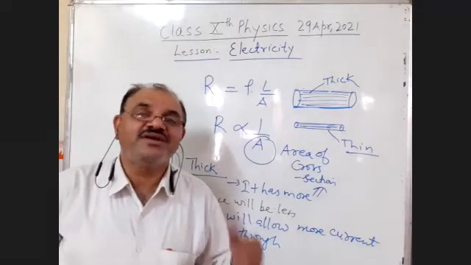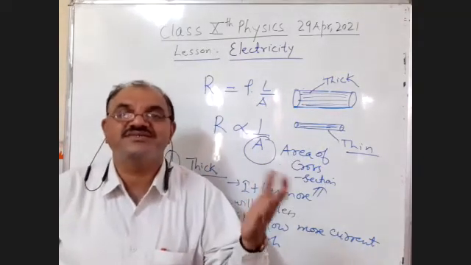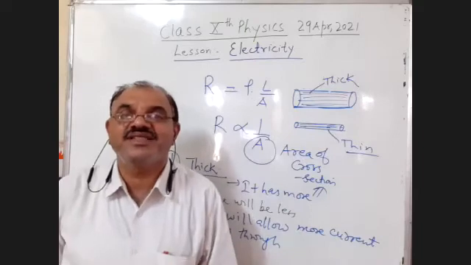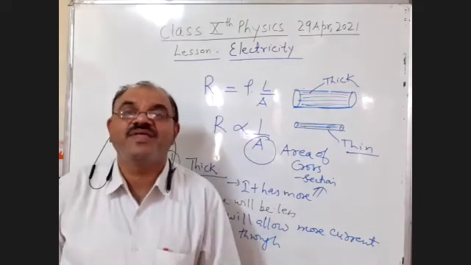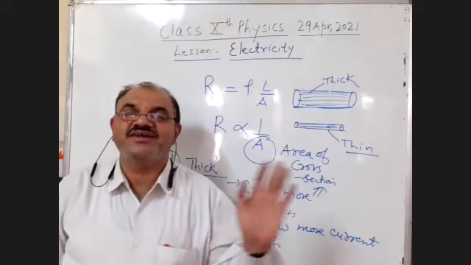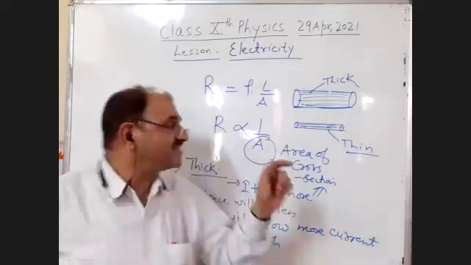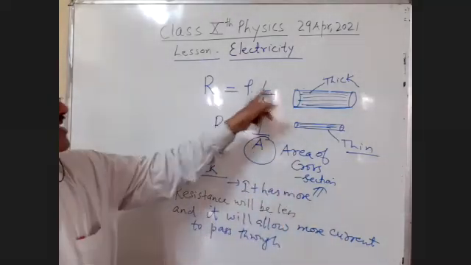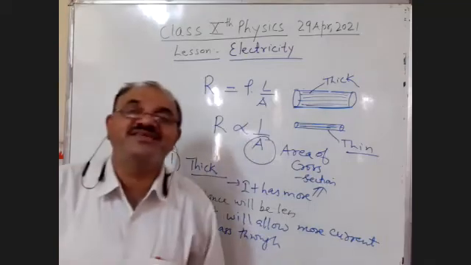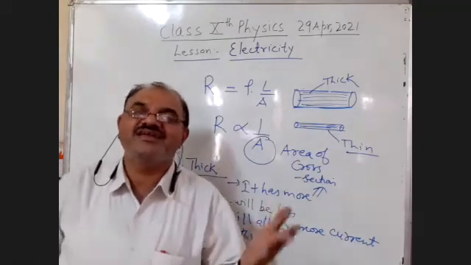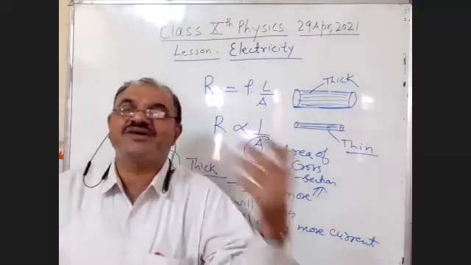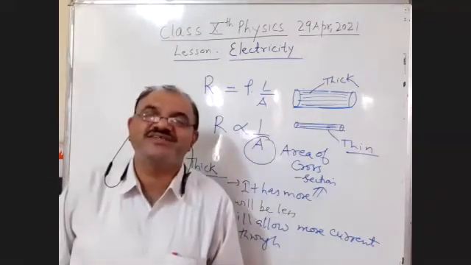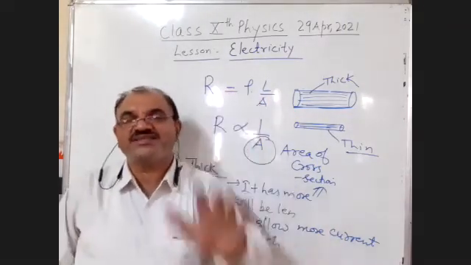Once I am increasing the length of the conductor, say this type of question is there in your NTSE exam. If the length of the wire is increased, because it is directly proportional to the resistance, definitely resistance will increase. Once the resistance increases, if resistance is more, it will allow less current to pass through.